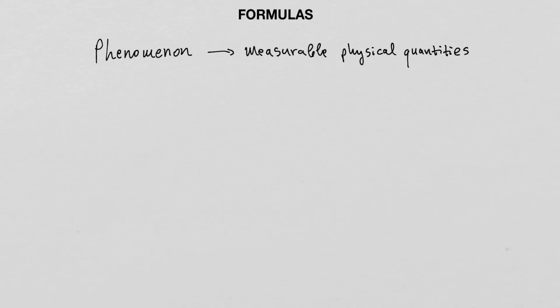So in physics and in science in general, we have various phenomena, and so each phenomenon can be described by measurable physical quantities that are related to the evolution of this phenomenon, to how this phenomenon happens and what the results of this phenomenon are.